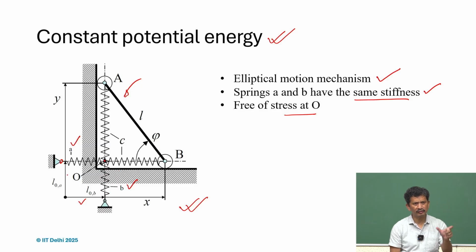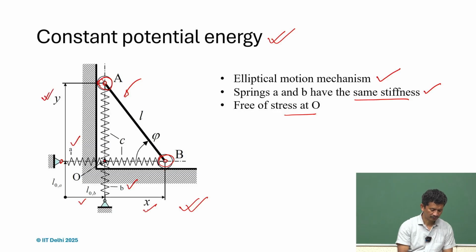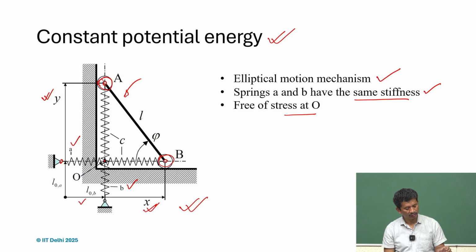So these two initial lengths are away from O, in a way behind. So any extension, when we attach these springs to A and B, the extension is x and y. The extension we are taking is the total deflection. Later we'll be talking about ideal springs or zero length springs.